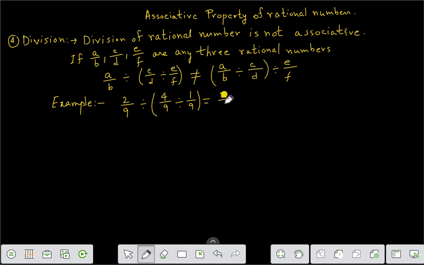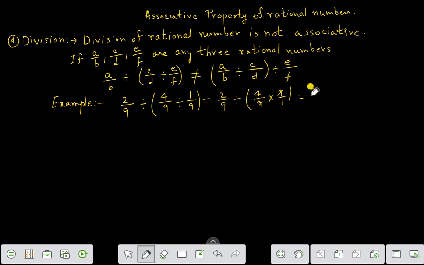What you are getting is 2 by 9 divided by 4 by 9 into 9 by 1, and this 9 will cut, that is 4.